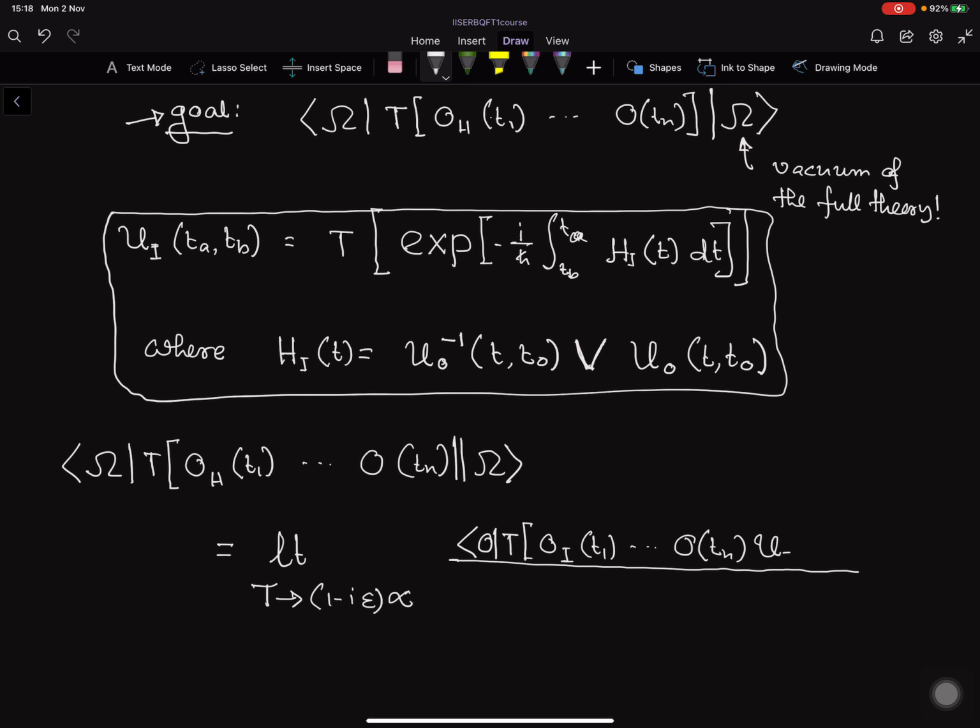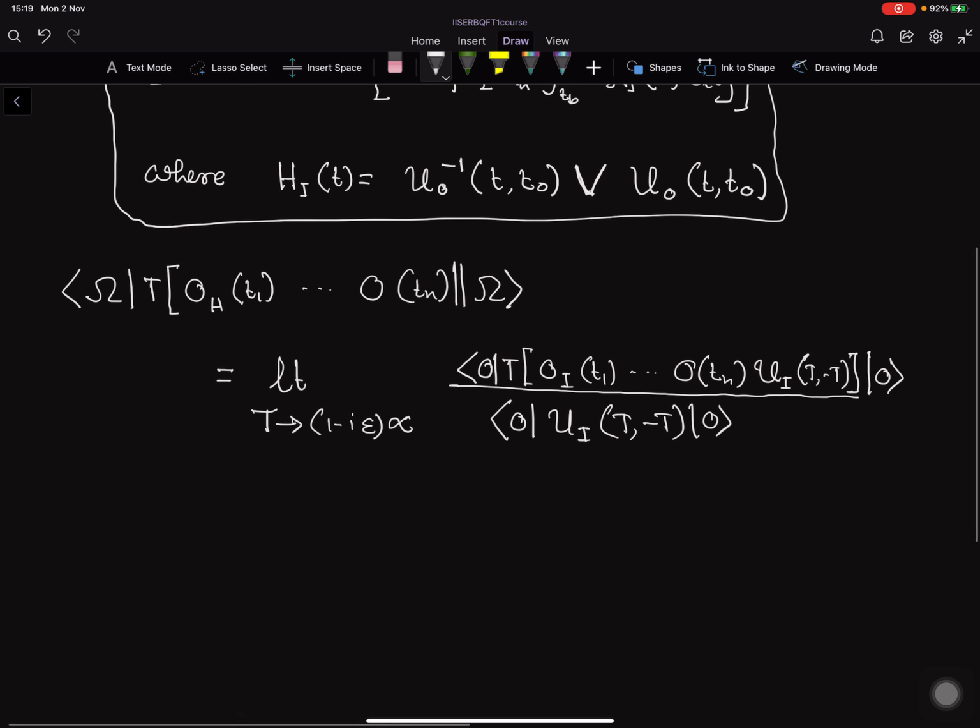then the interaction picture evolution operator U_I (t, -t), over the vacuum U_I (t, -t) vacuum. So this we will prove in this lecture.